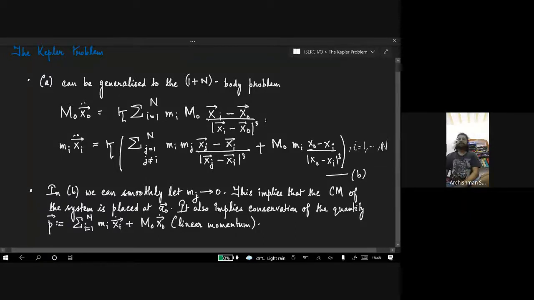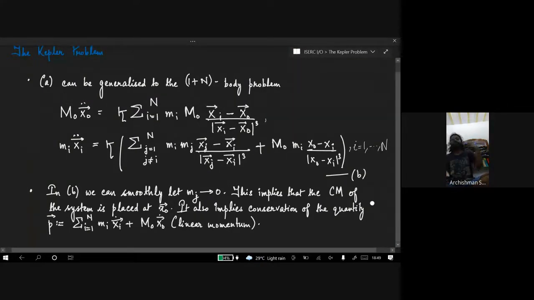And for those who are familiar with the idea of degrees of freedom of a system, if I'm working in, let's say, 3-dimensional space, then this removes 6 degrees of freedom from the space. 3 degrees correspond to placing the center of mass at the coordinate of the sun, and 3 degrees correspond to assuming that the linear momentum is a constant.